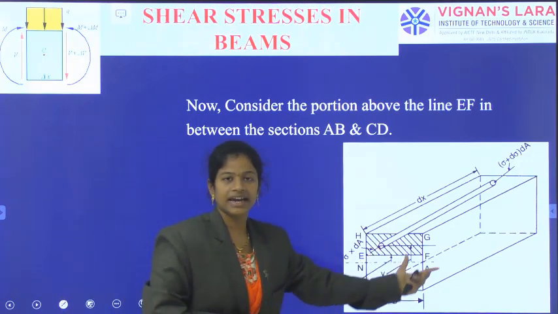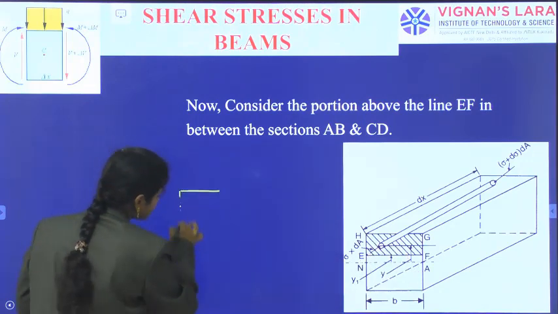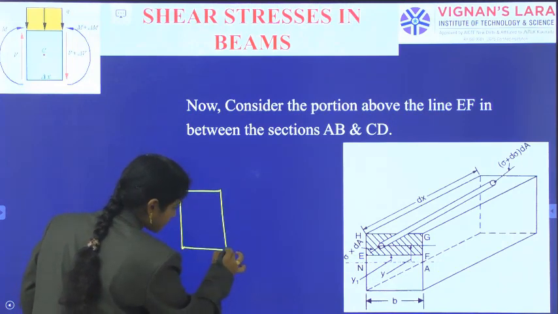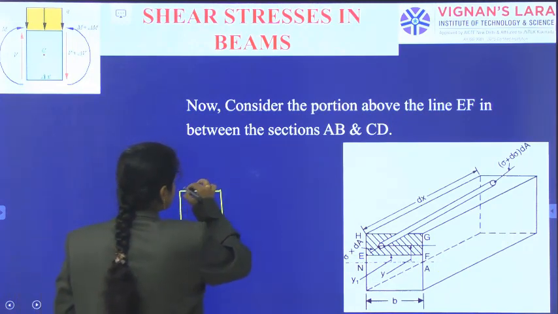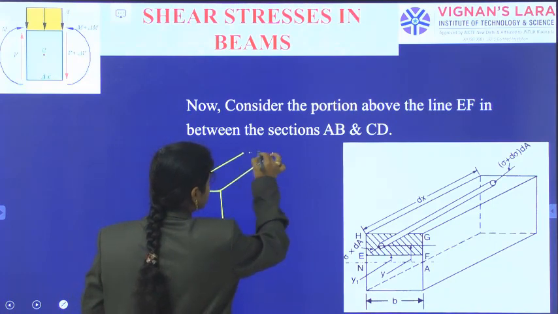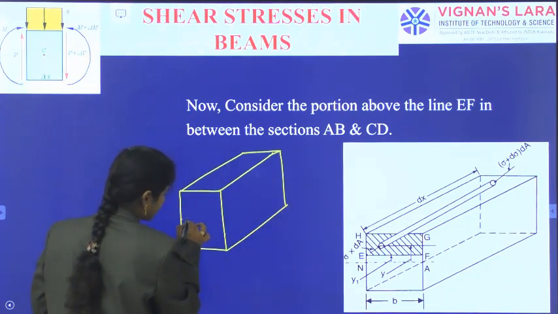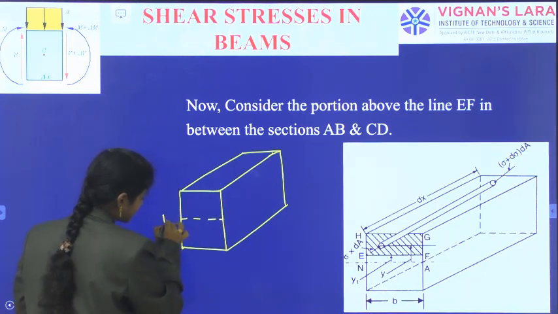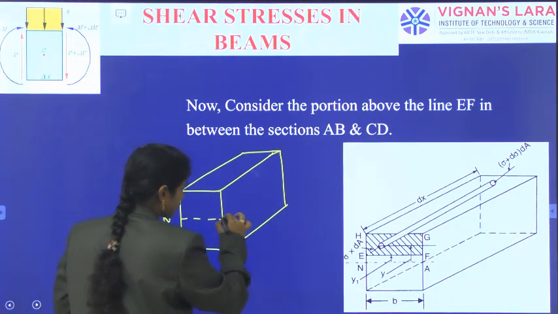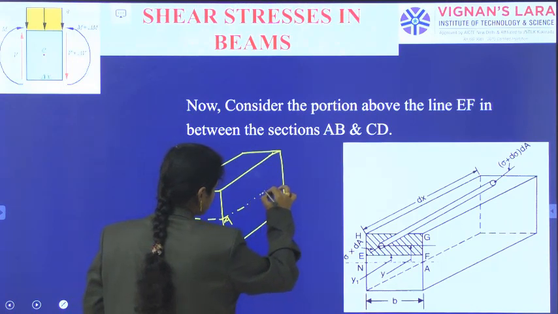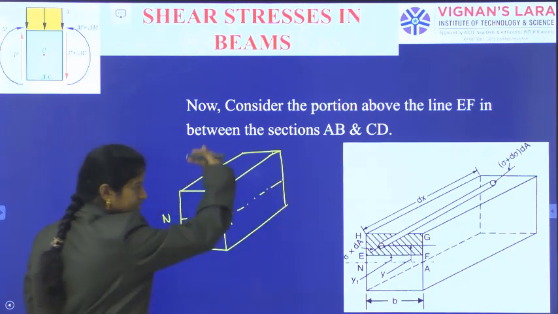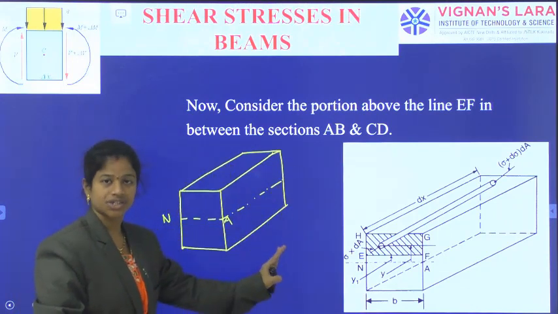When we indicate it, you can observe a simple rectangle with the AB section indication, continued over the dx length, and indicating the neutral axis line. So this is the AB portion and that is the CD portion.